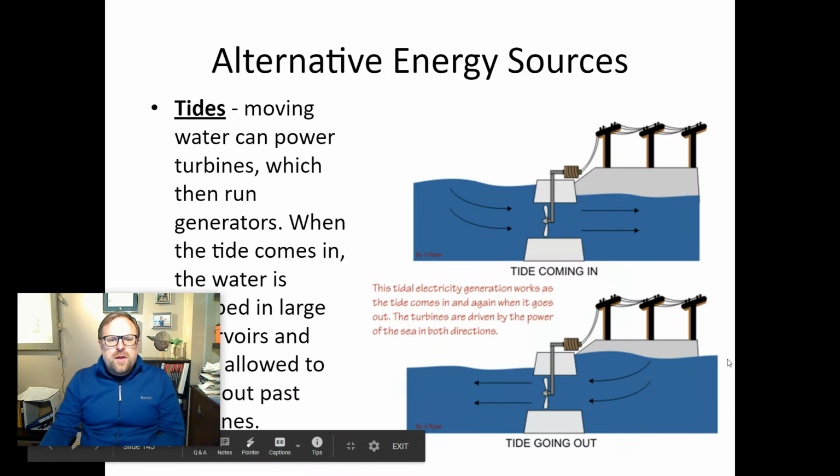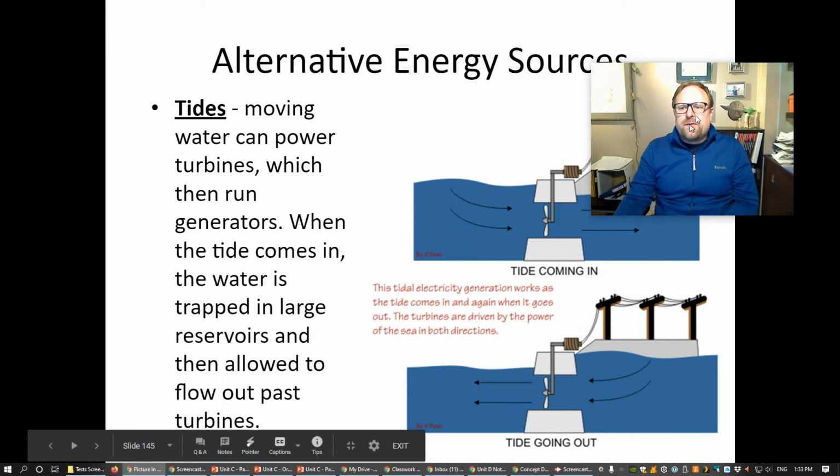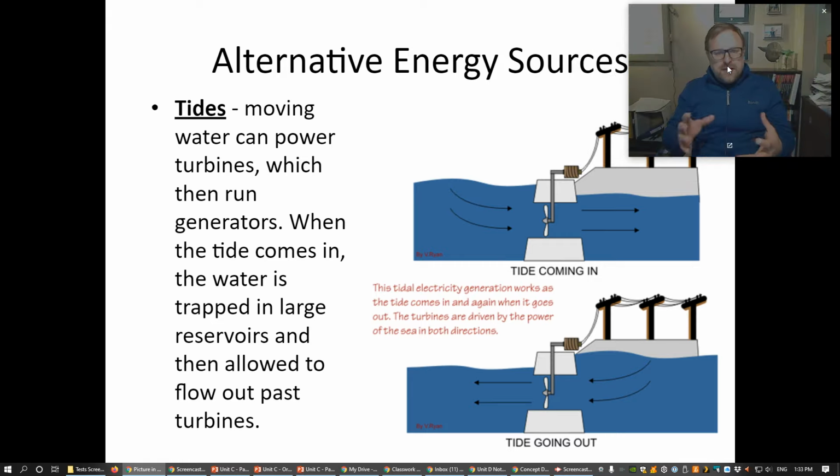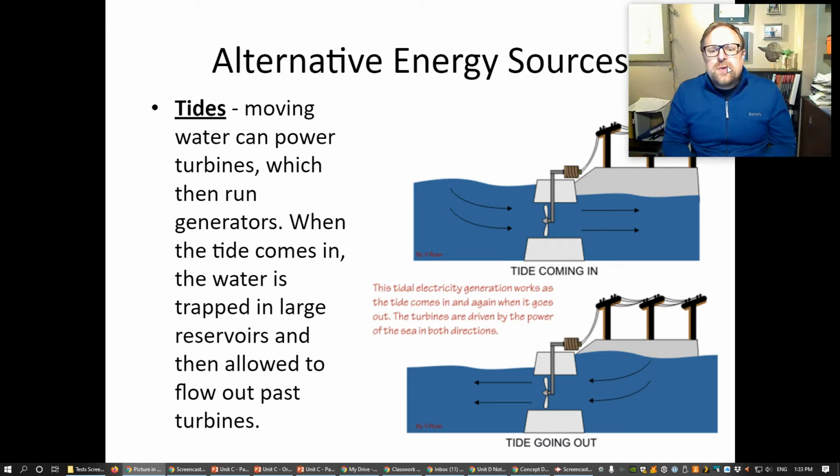So we can move on then to some other kinds of alternative energy sources. One of them is called tidal energy. We can actually take advantage of the tides to allow us to generate a flow or a movement of water that can pass over a turbine again, which will spin the armature of a generator and generate electrons.